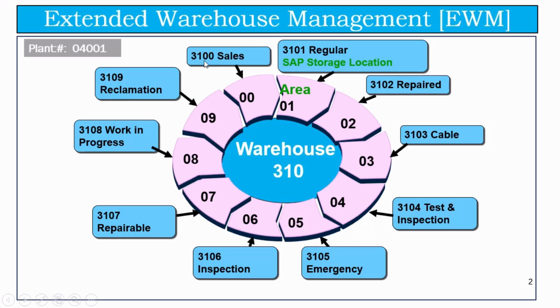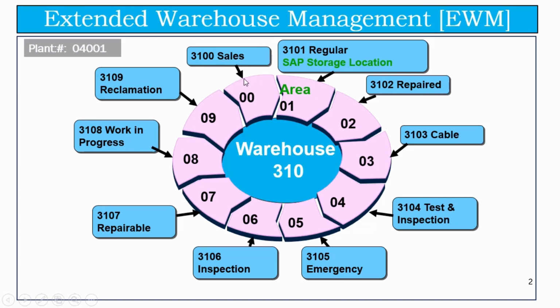These three digits are the storage location code, and the last digit identifies the nature of the material. Let's start from 0 and move on until 3109.